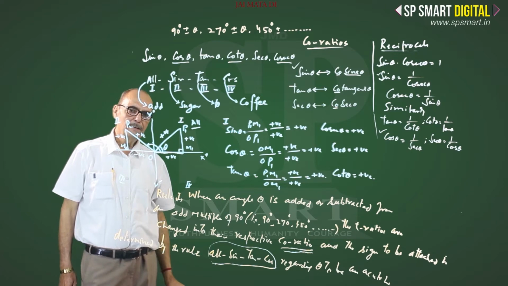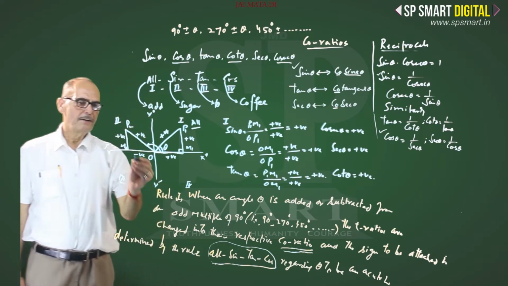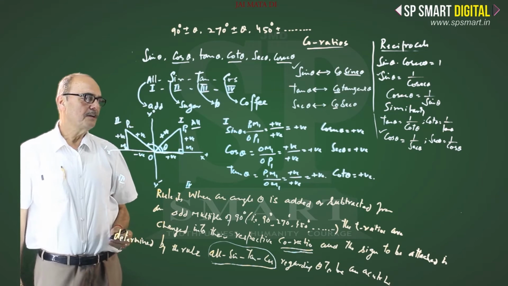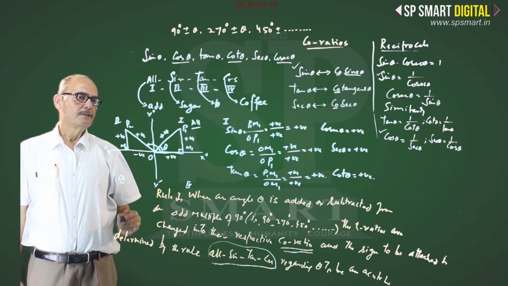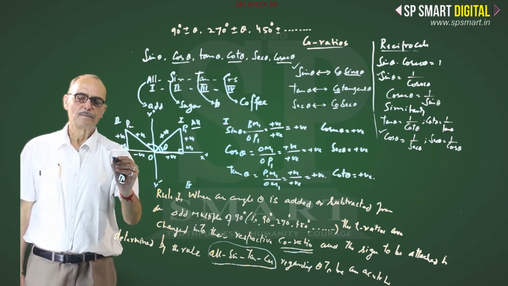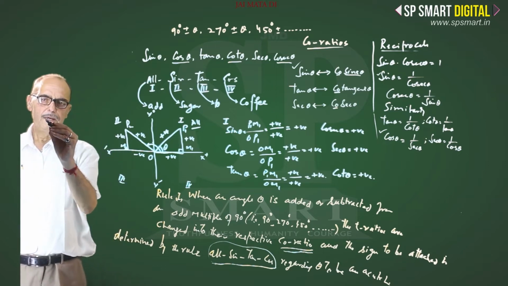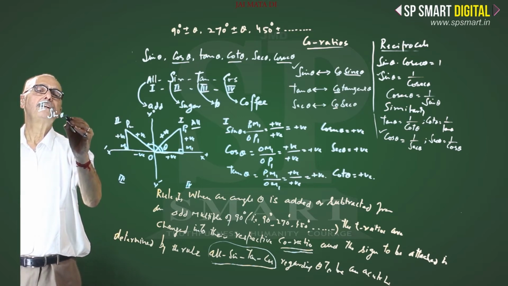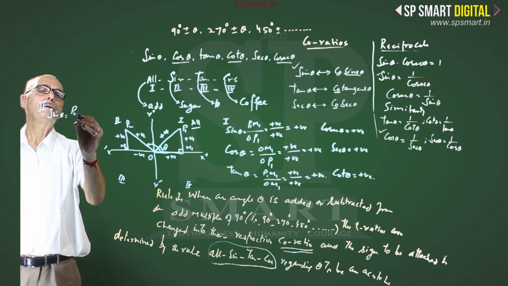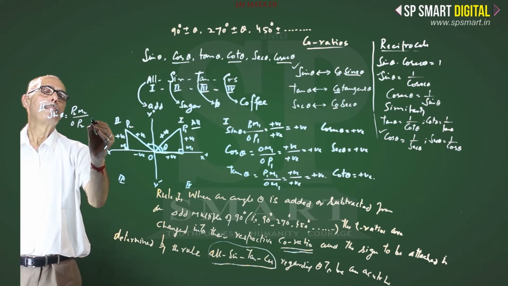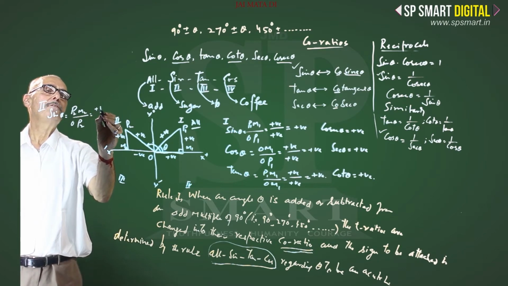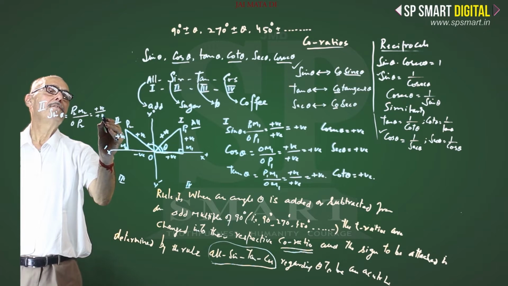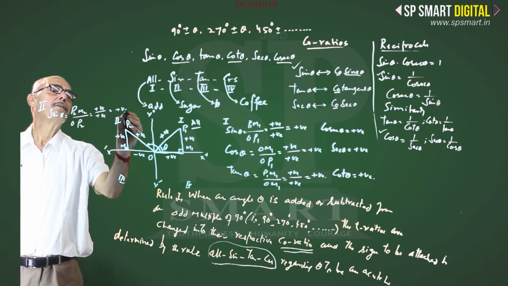So if you find the trigonometric ratios in second quadrant, sin is positive, that is P2M2 in second quadrant here, sin theta is perpendicular upon hypotenuse. So this is positive, the result is positive.